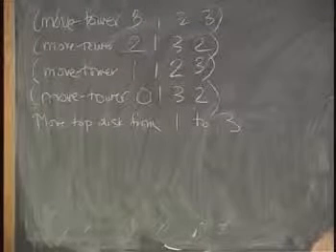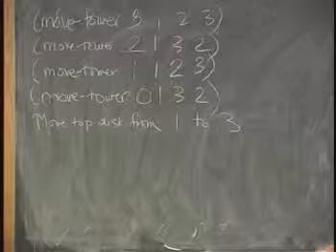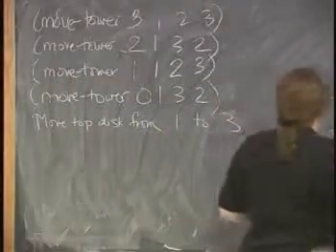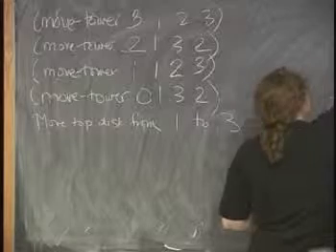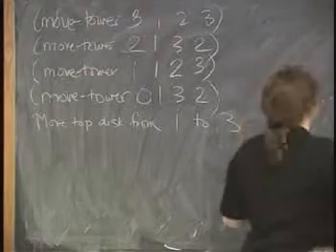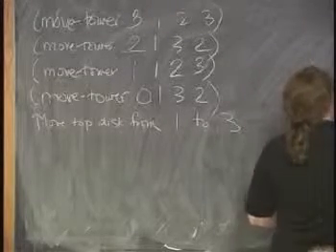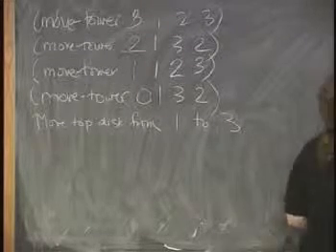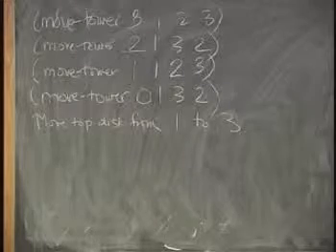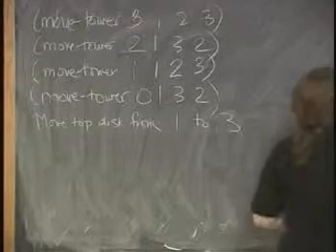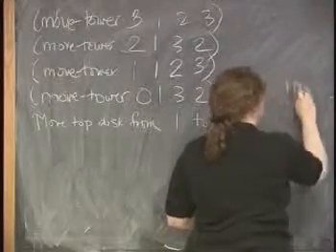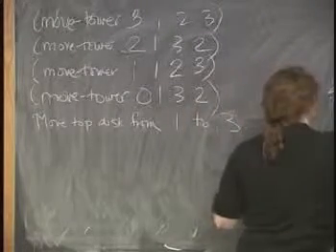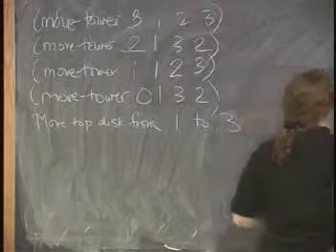This is just not going to trace out well on the board. Let's try to do this a different way. Let's say we're moving a tower 3, 1, 2, 3. We're going to do a move tower on 2, 1, 3, 2.